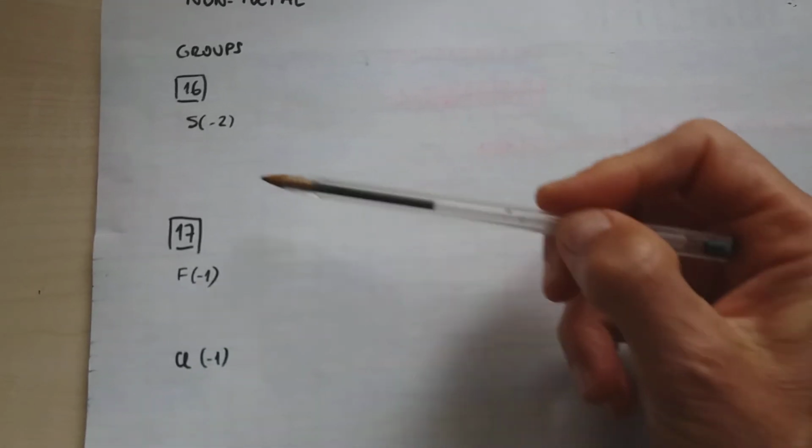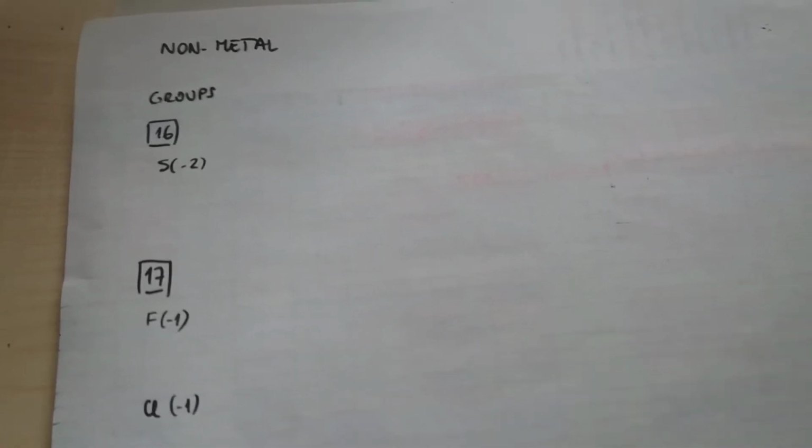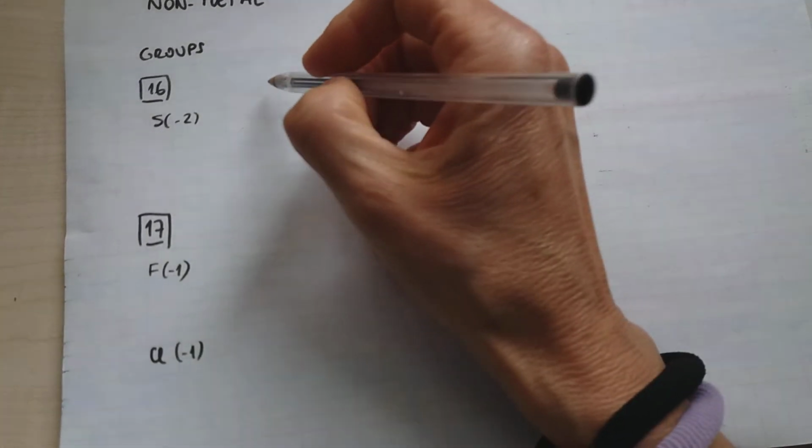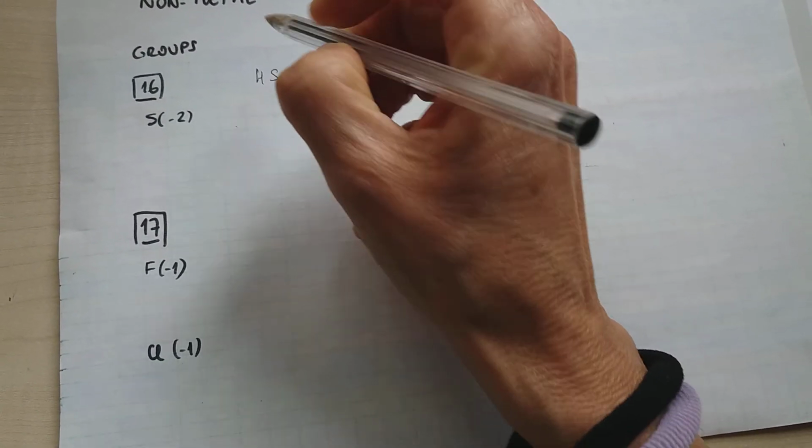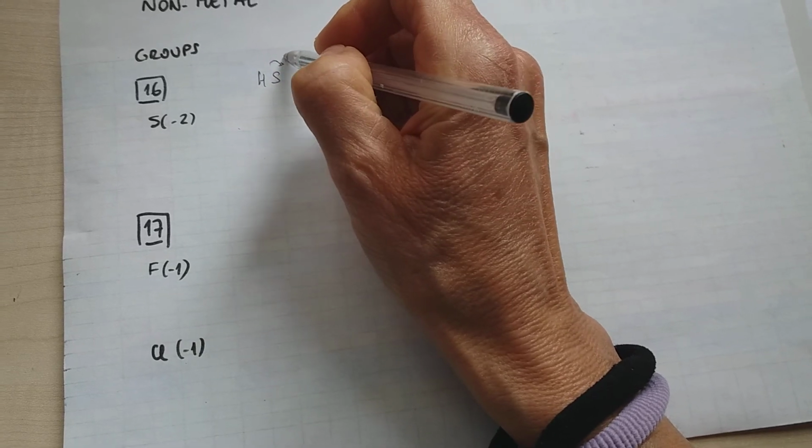We continue with non-metals from groups 16 and 17. Okay, so we are going to mention first the example of sulfur. In the case of sulfur, fluorine and chlorine, as they are from those groups, we have to remember that first the hydrogen is written and then the non-metal. So they exchange the valences.